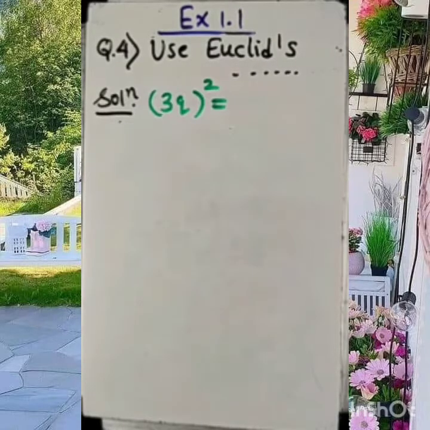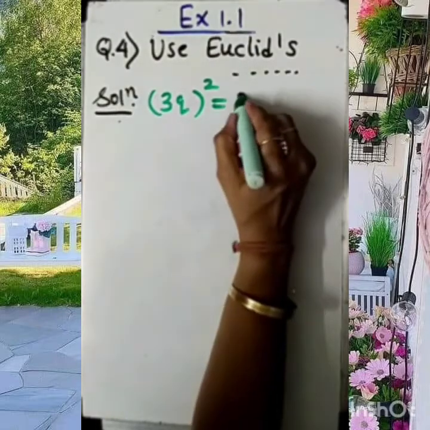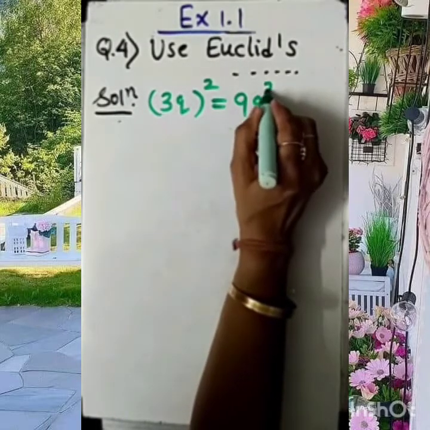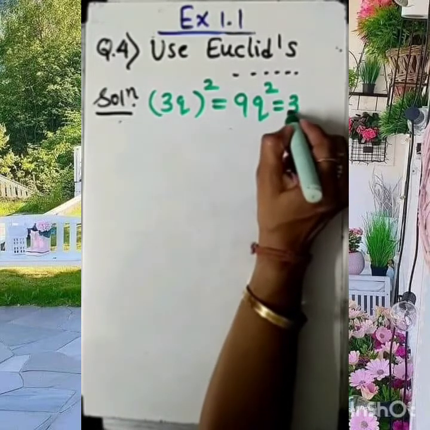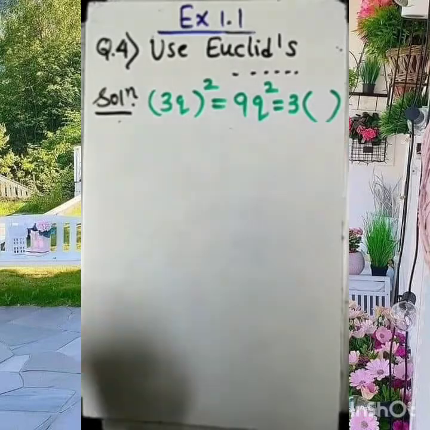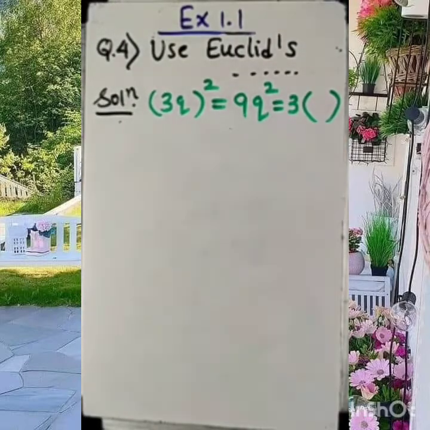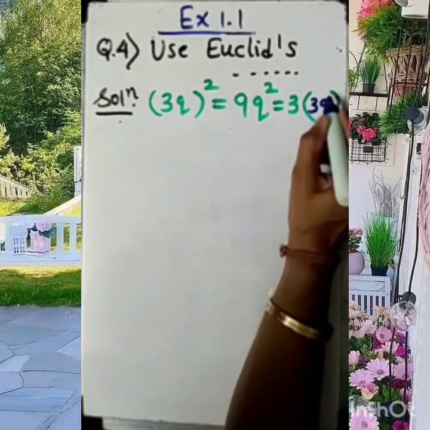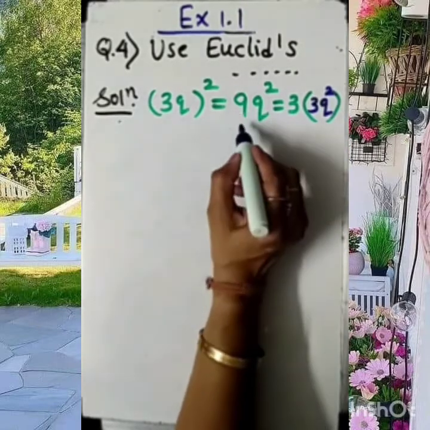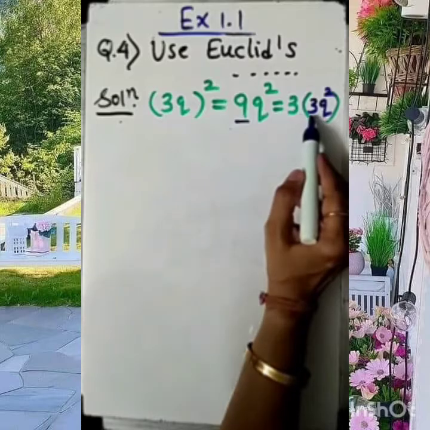So dear students, next step, the square of 3q. Of course, we know it is 9q square. So we write 9q square as 3 times (3q square) by separating it. 9 can be split as 3 into 3.